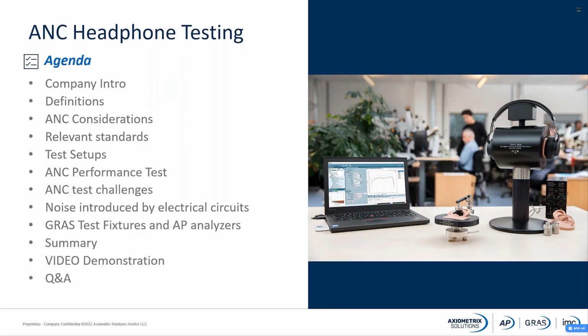We're going to talk about the ANC test itself and its challenges, also how to measure the noise introduced by ANC circuits. Then I'm going to show you some of the GRASS test fixtures and AP hardware, data acquisition systems and solutions and software for measuring ANC. And by the end, I'm going to show you a video presentation especially made for this webinar, where I'm showing you how to use the AP software to perform an ANC test together with a GRASS test fixture.